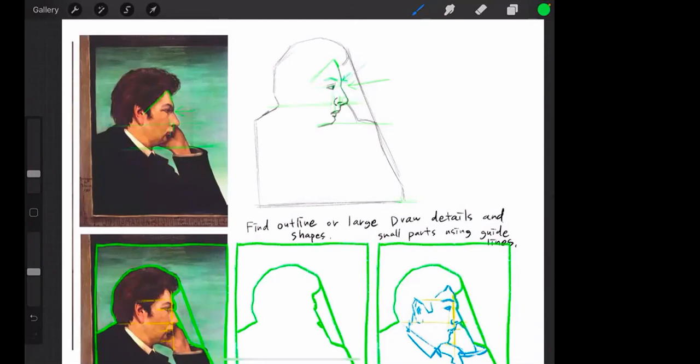There is an area that pops outward. That's the brow lids. So you can draw the eyebrow on the line.